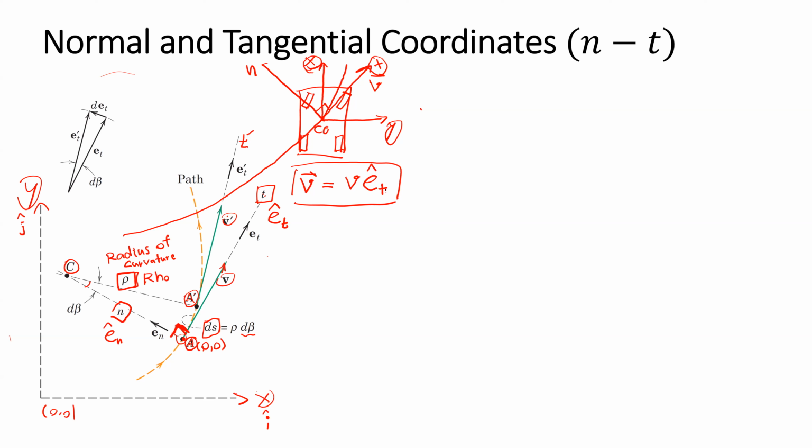Because if we consider the very short distance vector, the magnitude of the short distance is rho d-beta, and the direction of rho d-beta is along the velocity vector, or along the t axis.